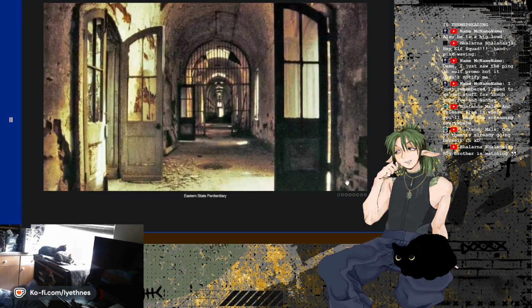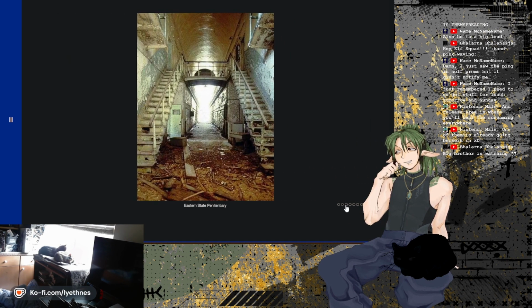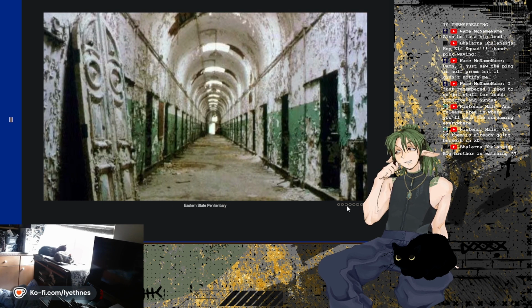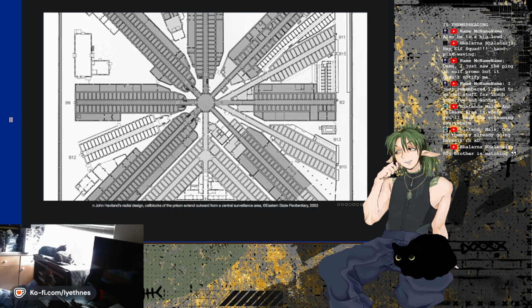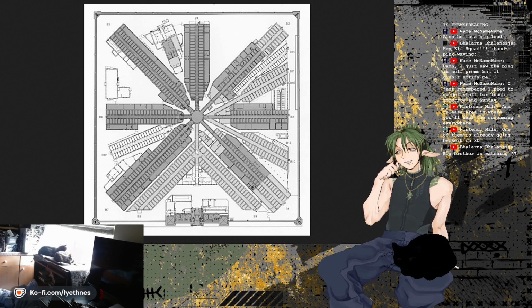Now we go down here. I'm trying to remember. So this is some photos of what the interior looks like now. But I actually want to open a new tab and show off this. So this is basically the center, and each of these branches off from here. And there are some extra side buildings, I believe.